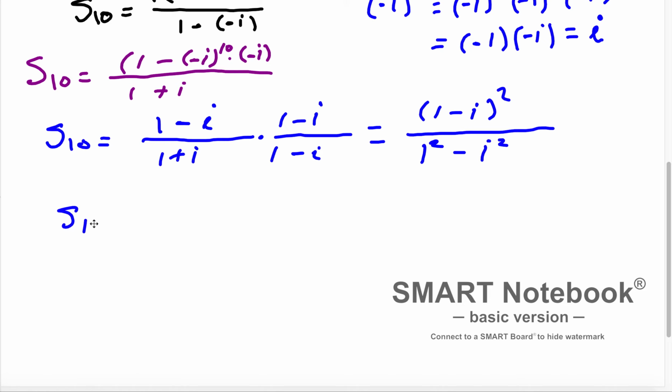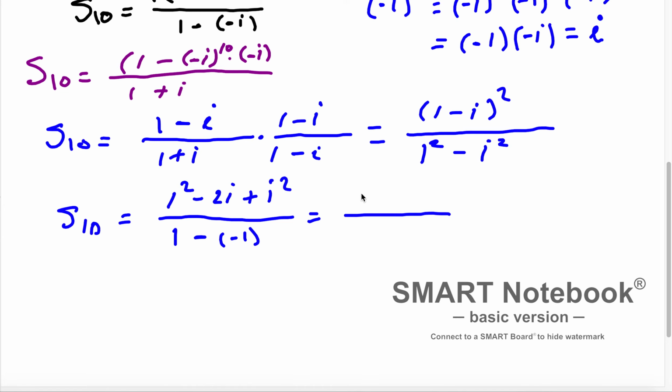Now S10, distributing, the numerator is going to be 1 squared minus 2 times 1 times i plus i squared. And down here is going to be 1 minus i squared.